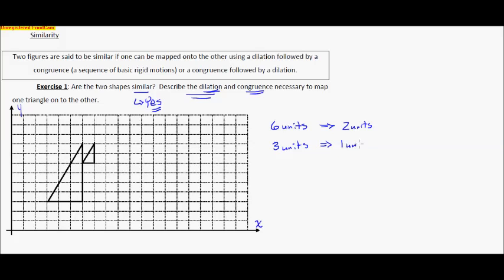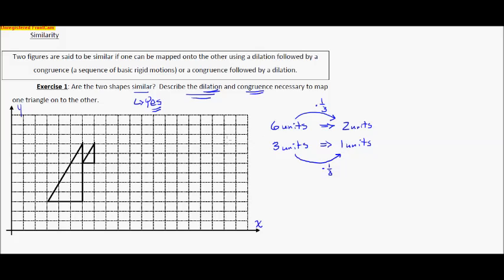So at first, I'm just taking a look to see if there is possibly a dilation that could occur. If I multiply 6 by 1/3, then I get 2. And if I multiply 3 by 1/3, well, I get 1.